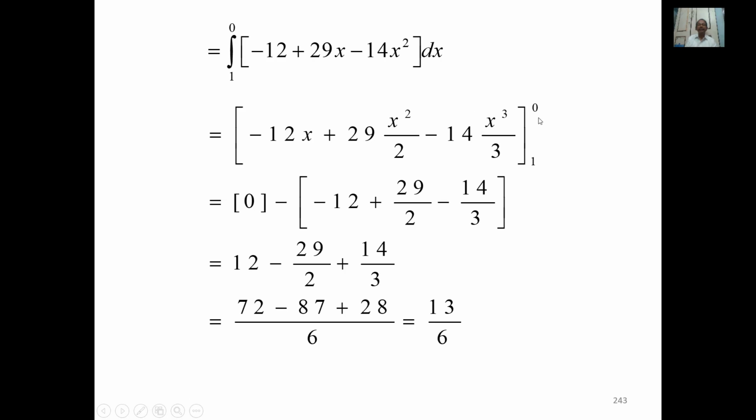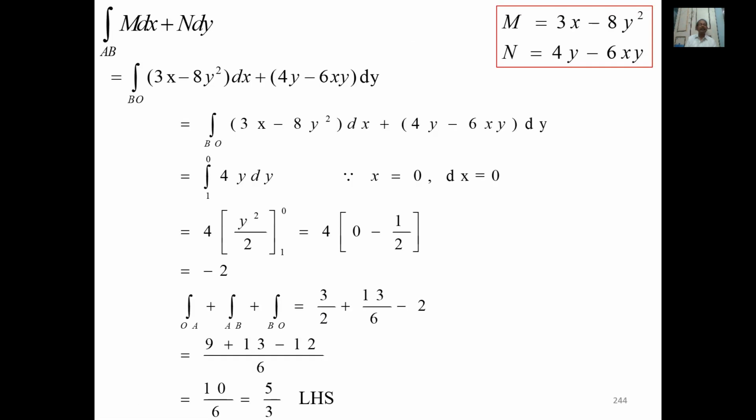Substituting the upper limit first, we'll have 0. Substituting the lower limit will give us this value. Taking the LCM, we have 6, 72 minus 87 plus 28, which is equal to 13 by 6. So we have obtained the value of the second line integral.